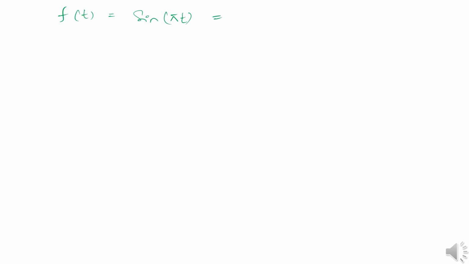This implies that function of t minus a is equal to sine of pi times t minus a, and now the shifting property will be applied.